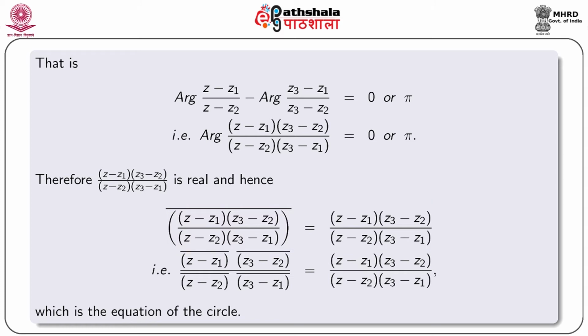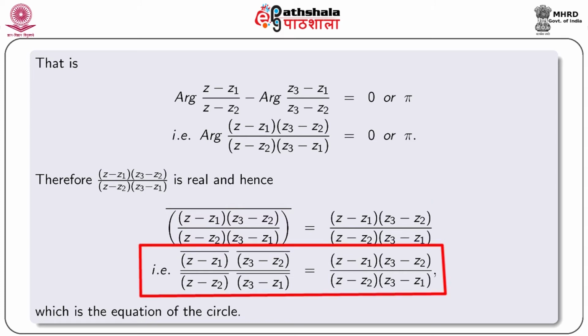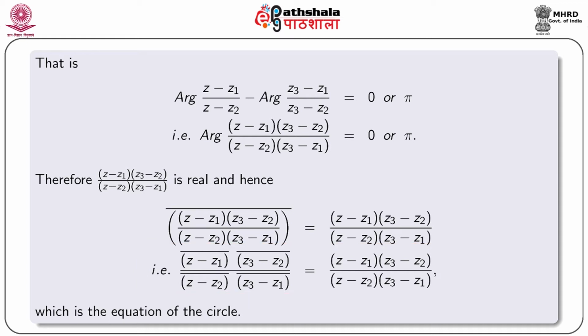That is, conjugate of (z minus z1) into conjugate of (z3 minus z2) by conjugate of (z minus z2) into conjugate of (z3 minus z1) is equal to (z minus z1) into (z3 minus z2) by (z minus z2) into (z3 minus z1), which is the required equation of the circle.